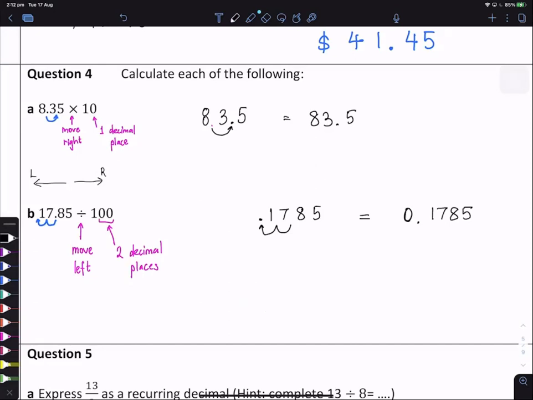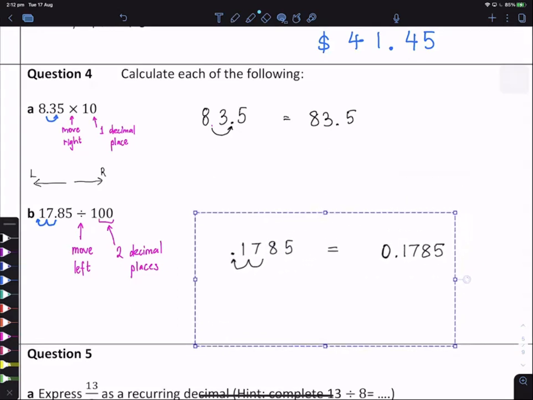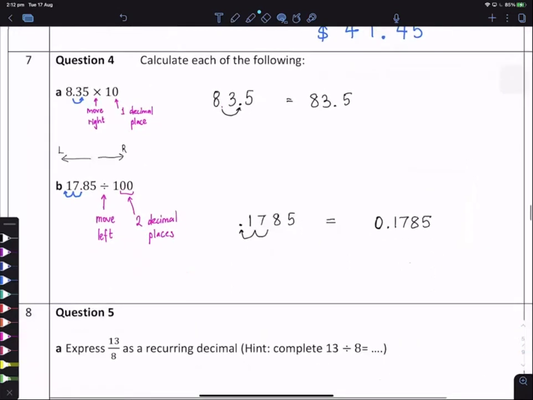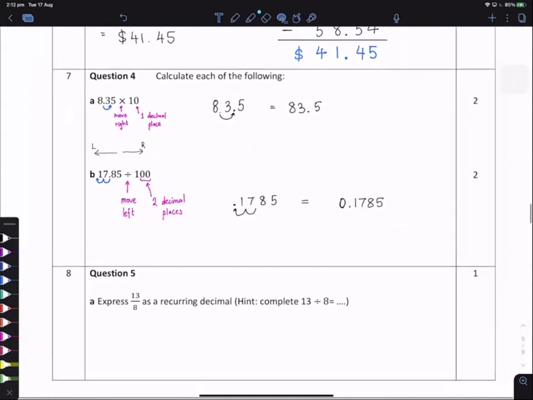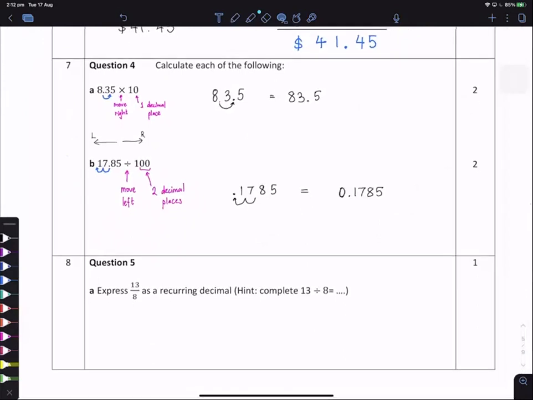Make sure you put a 0 in front of the decimal point. So our final answer here is 0.1785. Mohammed, you said yes, 0, which doesn't make sense to me. I don't understand that. All right, so that's how we multiply with the base of 10. And we can only do that when we multiply with a 10, 100, or 1,000, or if we divide by a 10, a 100, or 1,000.